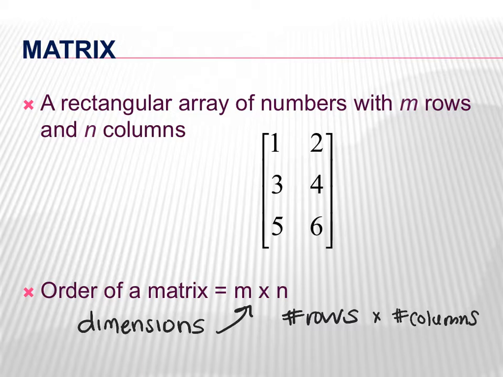So if I was looking at this matrix, I would literally just count 1, 2, 3 rows, and then 1, 2 columns. The rows go left, right, they're horizontal, and the columns are up, down. Think columns hold up houses, right? Columns are up and down. And if you think about a Numbers or Excel spreadsheet, it's the same thing: rows are horizontal and columns are vertical. So that's how you would write the order of the matrix: number of rows, an x, number of columns.